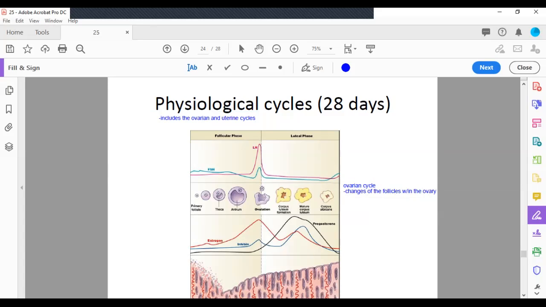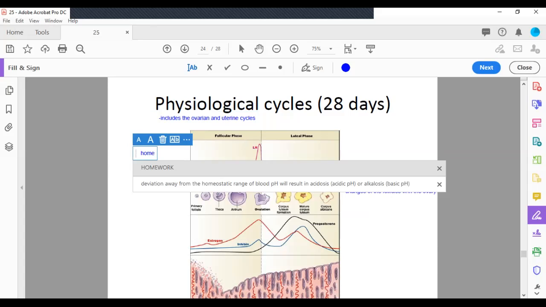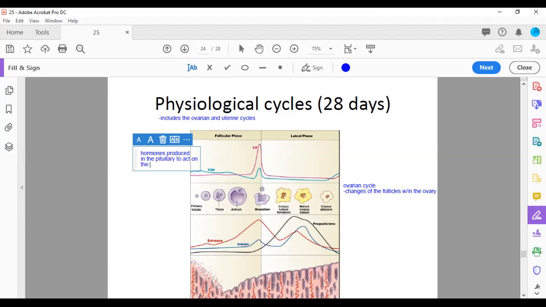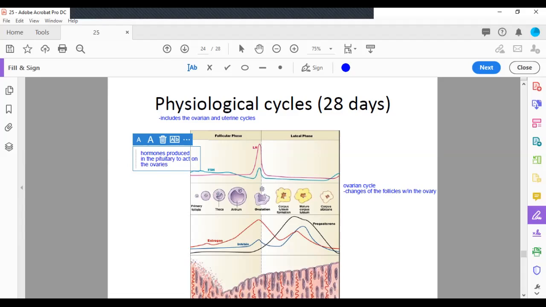You see right here the hormones that are produced. FSH and LH are hormones produced in the pituitary that act on the ovary.